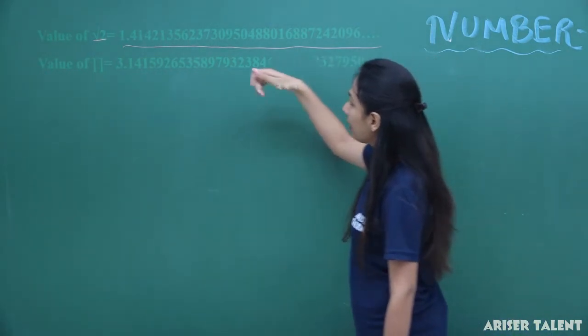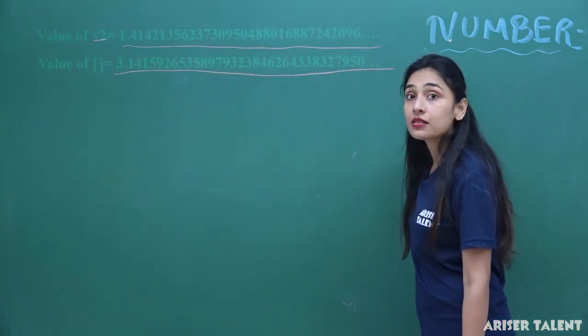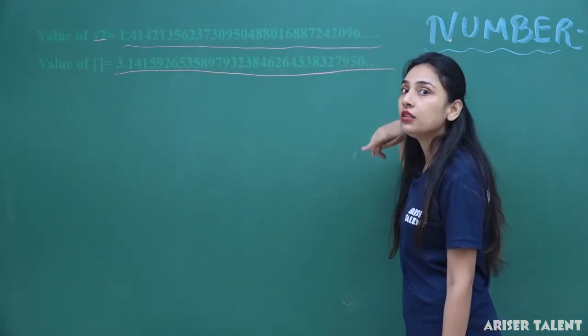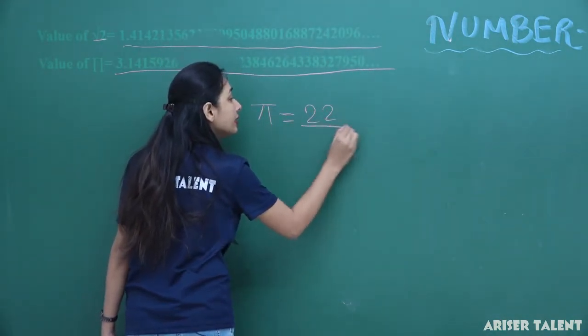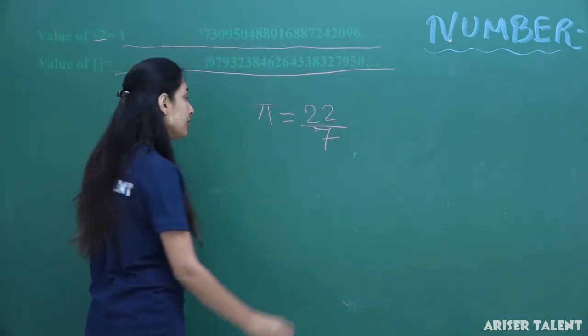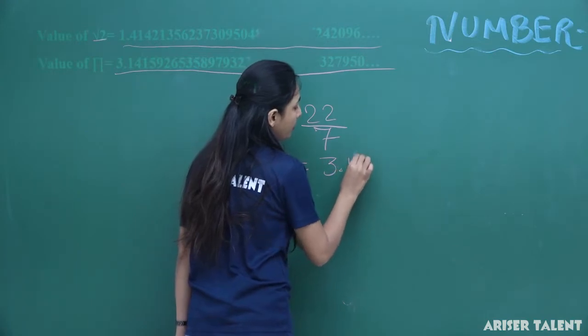No. Then you have the value of pi, which is this. Mention this: we actually write pi equals 22/7 in some calculations, and in some calculations we write pi equals 3.14.